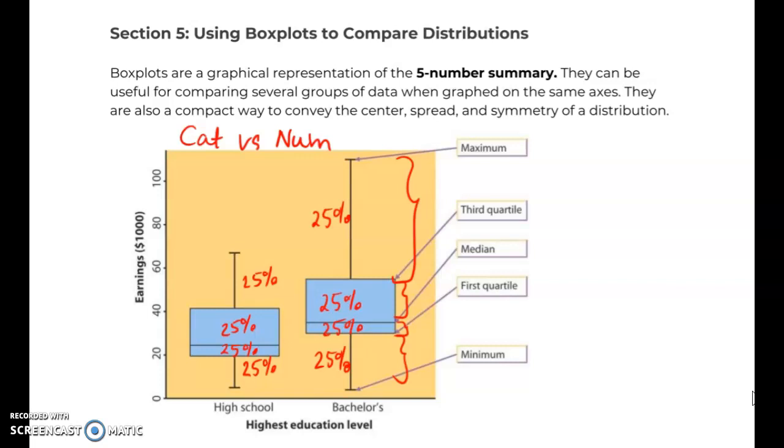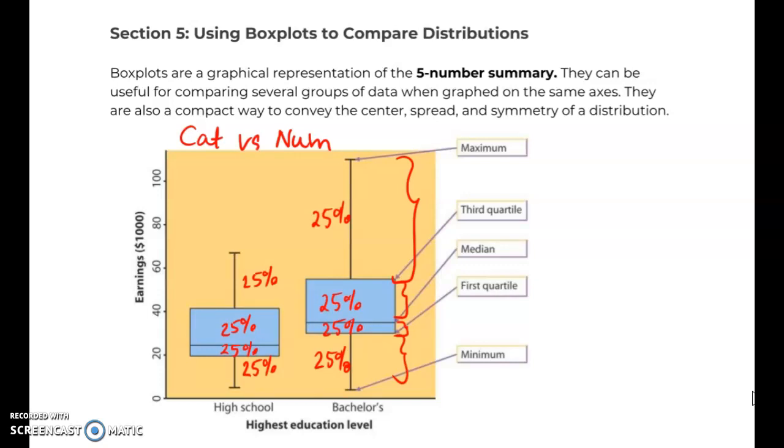The other thing we can compare is the range of values. We can see that the range overall for bachelor's is much larger than the range for someone who completed a high school degree.